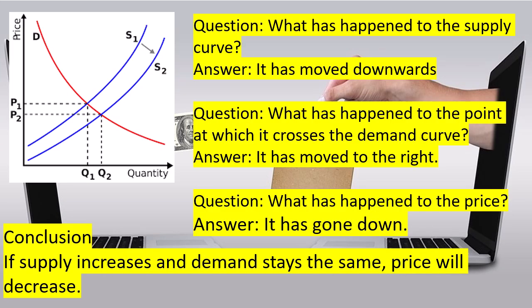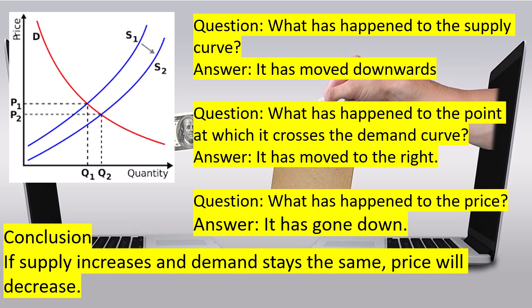Question, what has happened to the supply curve? Well, now, unlike the previous one, we have one demand curve, the red line, and the supply curve, the blue ones, have moved down from S1 to S2. Question 2, what has happened to the point at which it crosses the demand curve?